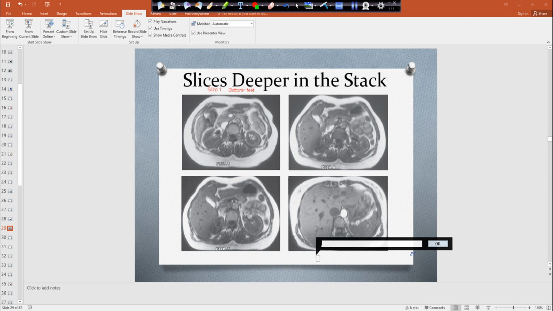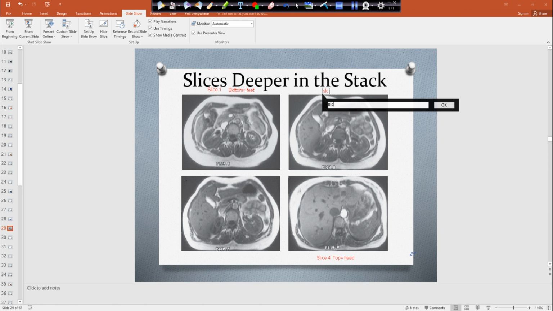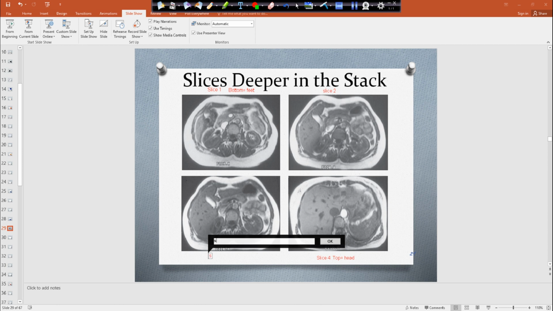And then this one over here will be slice 4, which is the top of the patient, closer to the head. And then this will be slice 2. And then obviously this will be slice 3.